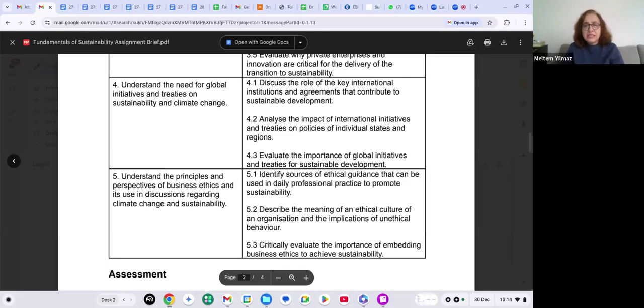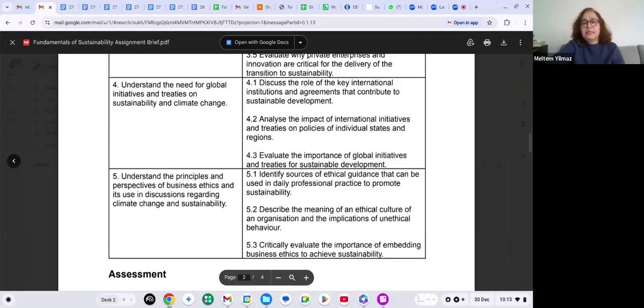In this part, we identify the sources of ethical guidance that can be used in daily professional practice to promote sustainability, describe the meaning of an ethical culture of an organization and the implications of unethical behavior, and finally, critically evaluate the importance of embedding business ethics to achieve sustainability.